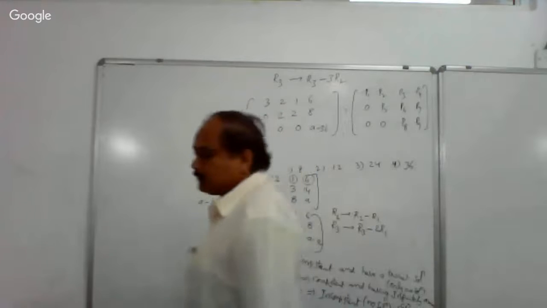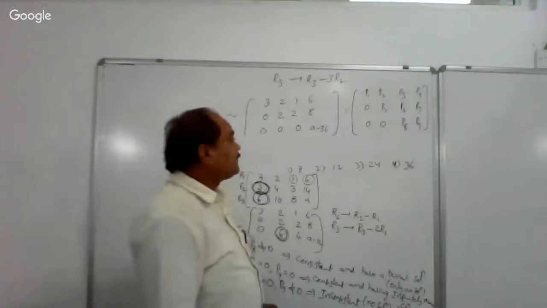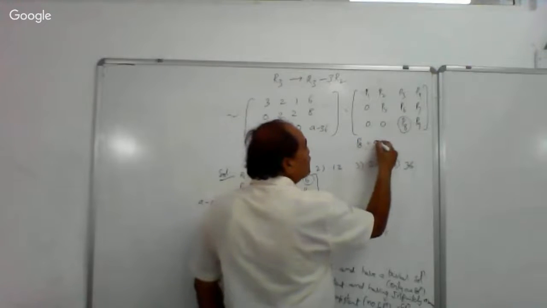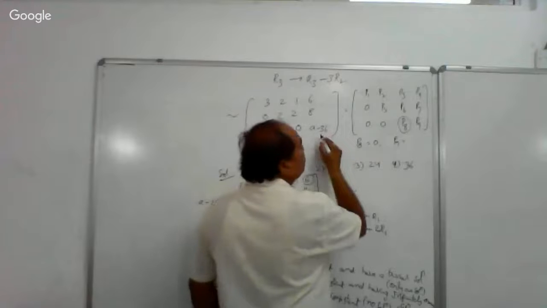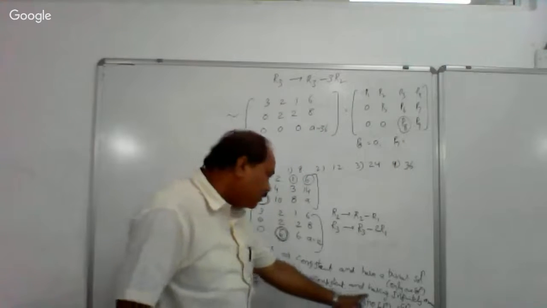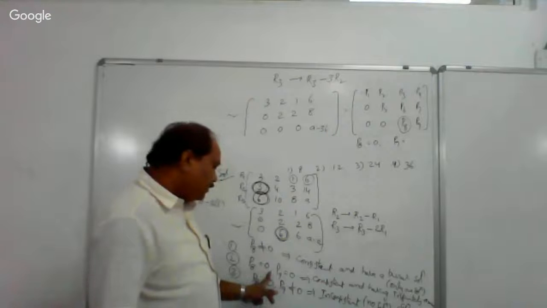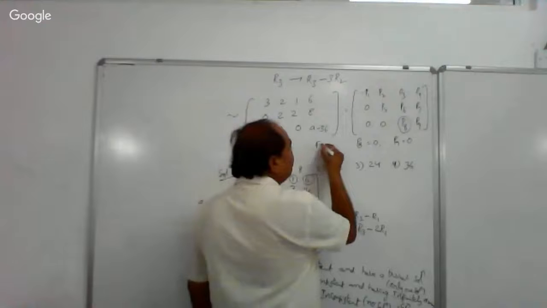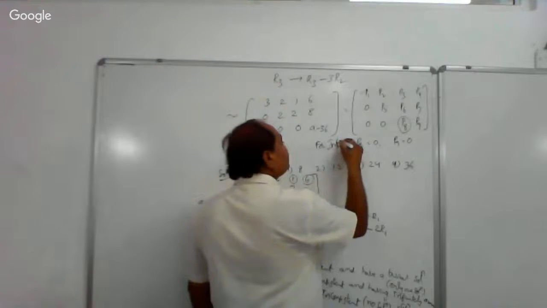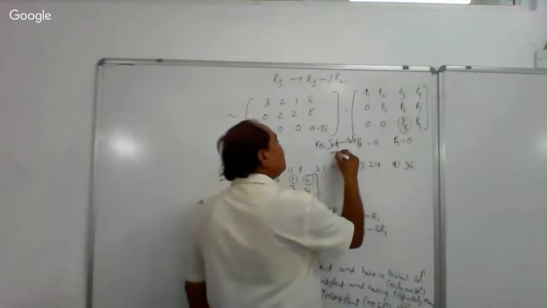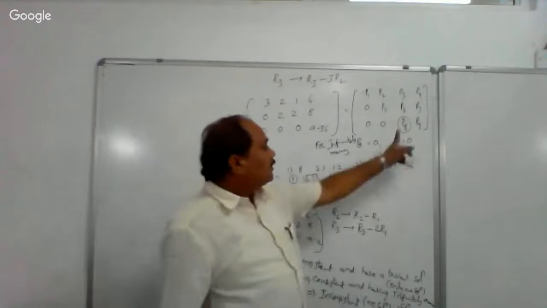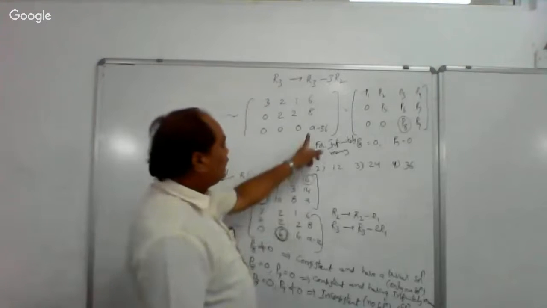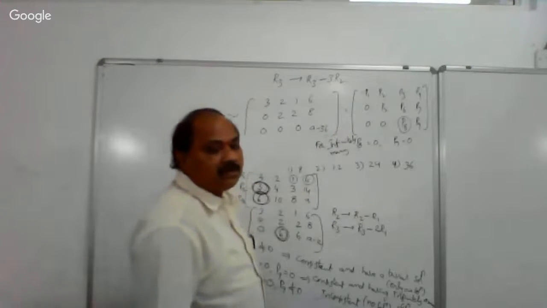Here what about P8? P8 equal to 0. What about P9? For infinitely many solutions, P8 equal to 0, P9 also equal to 0, both must be 0. Therefore, a minus 36 also equal to 0.